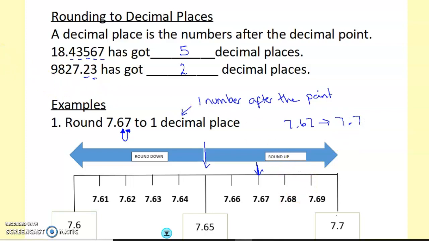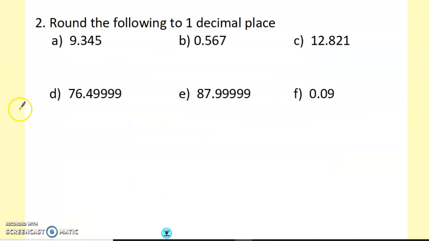Okay, let's try another one. We're going to round these to 1 decimal place. Now, because I'm rounding to 1 decimal place, it's the second number after the point. And in each one, it doesn't matter how many numbers there are before the point, it doesn't change anything. It's the second number after the point I use to decide whether I'm going to change the number before it or not.